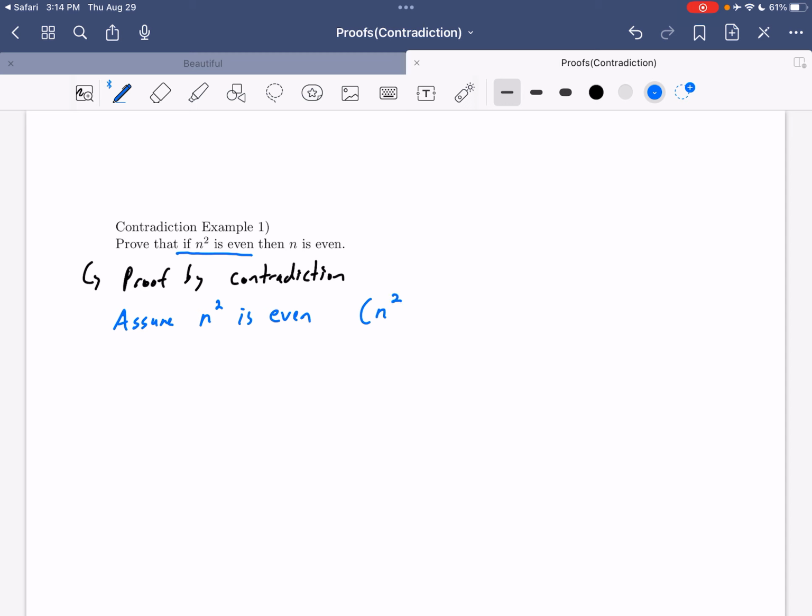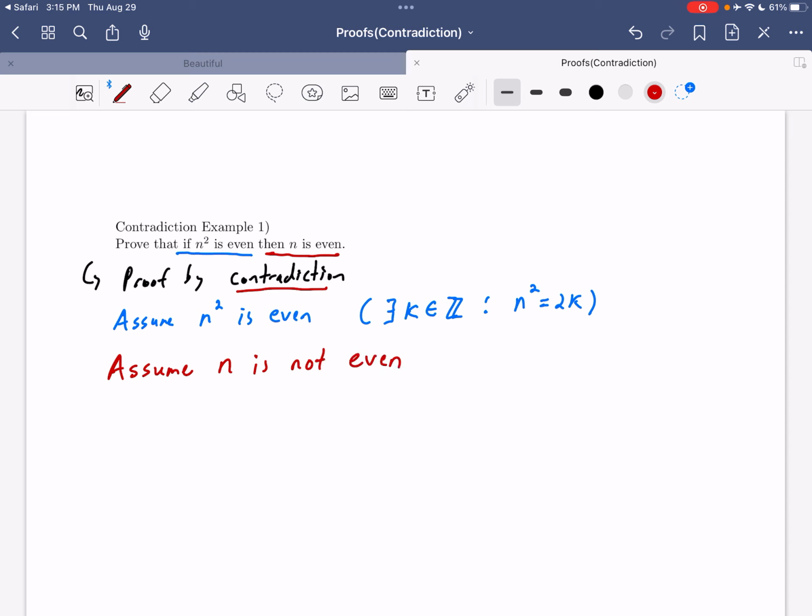That means that there exists some k, an element of the integers, such that n squared is equal to 2k, right? We know that. And now we're going to do the contradiction part. Our goal is to show that n is even, so we are going to assume the opposite. We're going to do this extra assumption, right? This is the extra assumption that's necessary in the proof by contradiction. We're going to assume n is not even.